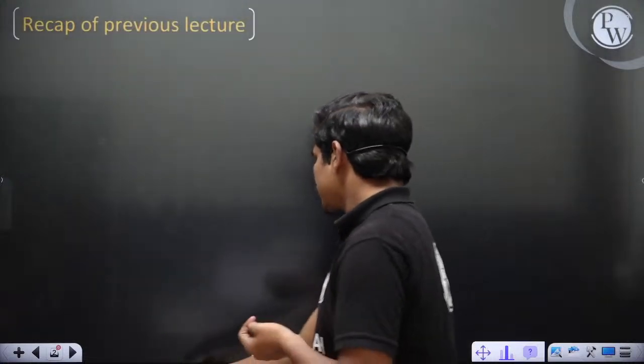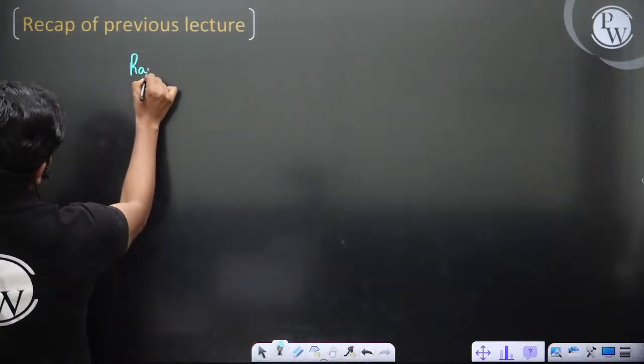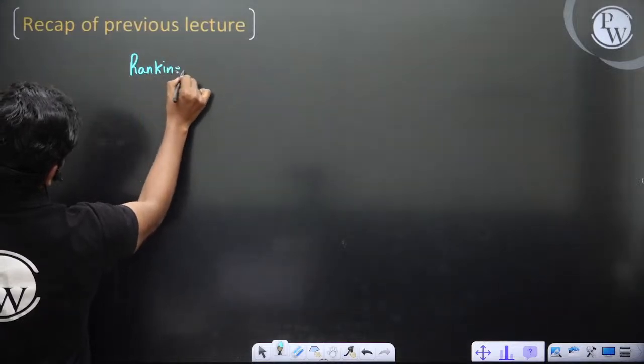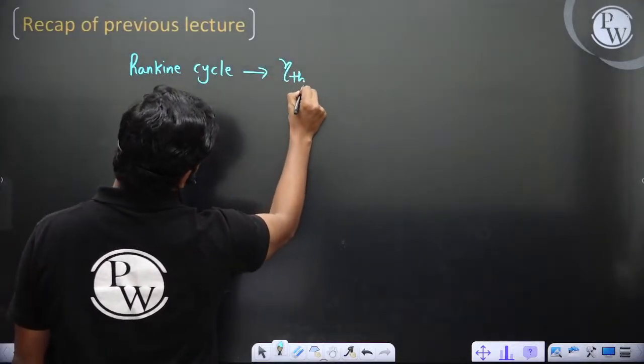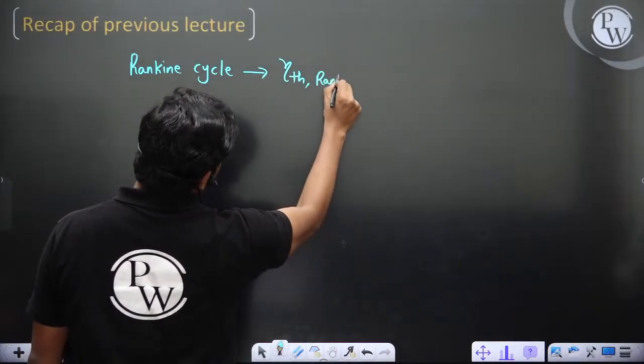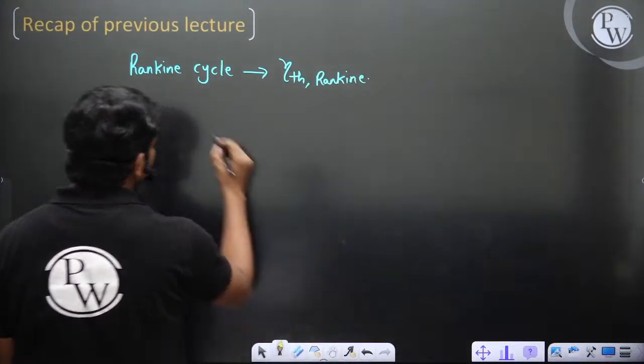If you have a quick review of the last lecture, we have seen the Rankine cycle and done the efficiency analysis, the thermal efficiency of the Rankine cycle. Then we saw the methods for improving efficiency.